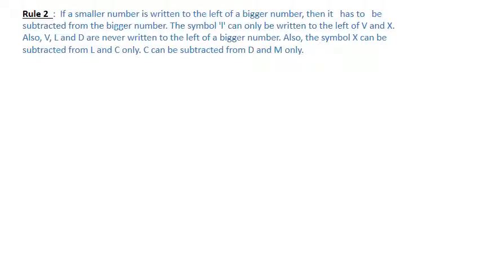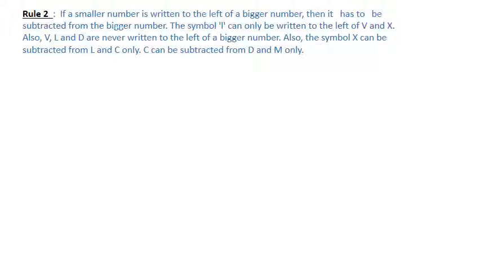Let's see rule number 2. If a smaller number is written to the left of a bigger number, then it has to be subtracted from the bigger number. Children, we always subtract smaller number from bigger number.